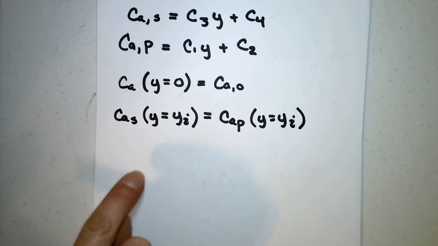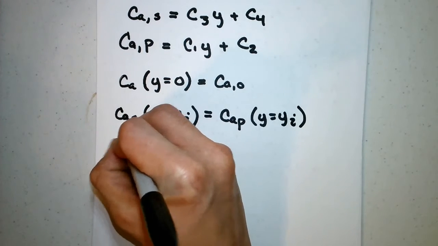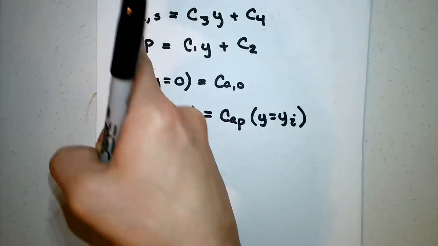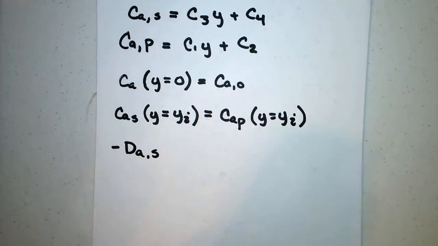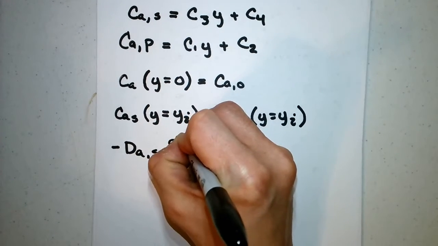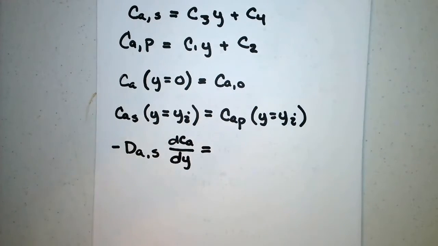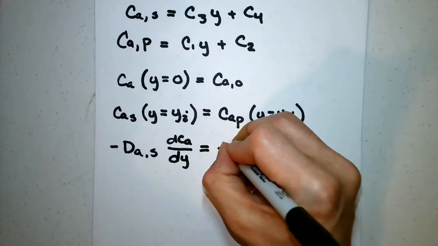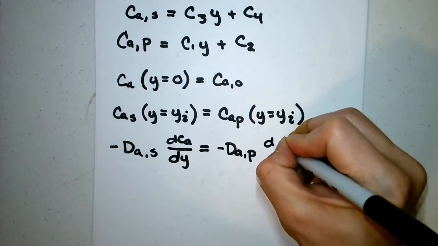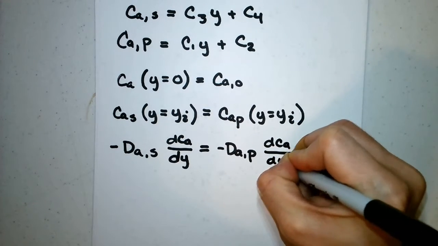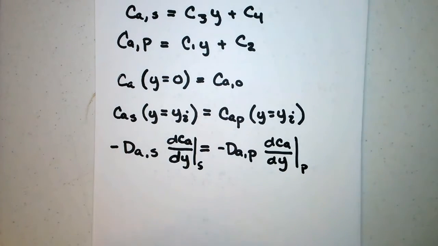And also at the interface, we have the slope, so negative D_AS, the diffusion through the silicon dioxide, times the slope is equal to, so we're setting flux equal, the diffusion through the Pyrex, and this is the slope on that respective side.